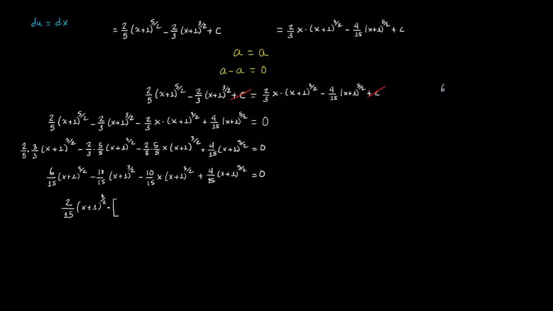It's going to be 6 times x plus 1 raised to the 5 over 2, all over 15. Now this is all over 2 times x plus 1 raised to the 3 over 2, all over 15.